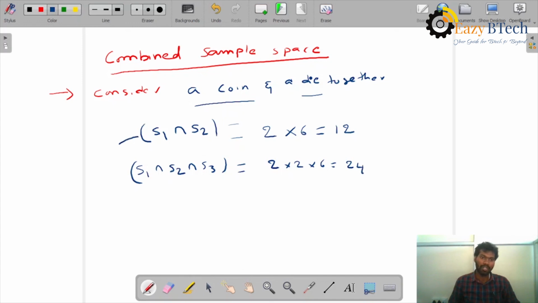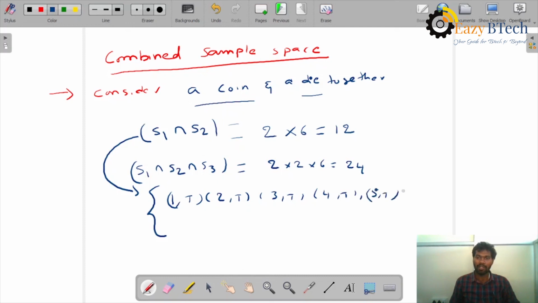Suppose you write the sample space here, it is like this. 1 comma T, 2 comma T, 3 comma T, where T means tail here, 4 comma T, 5 comma T, and 6 comma T is one combination.